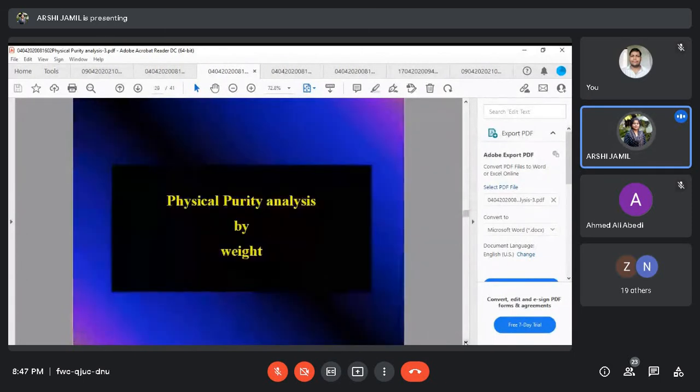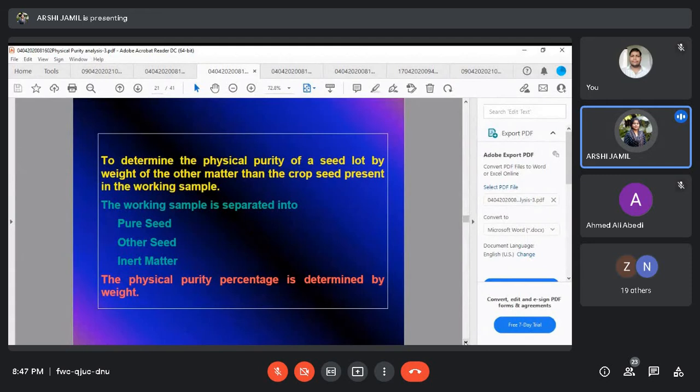Now coming to the purity analysis by weight. Here, the working sample is separated into pure seeds, other seeds and inert matter, and the physical purity percentage is determined by weight.